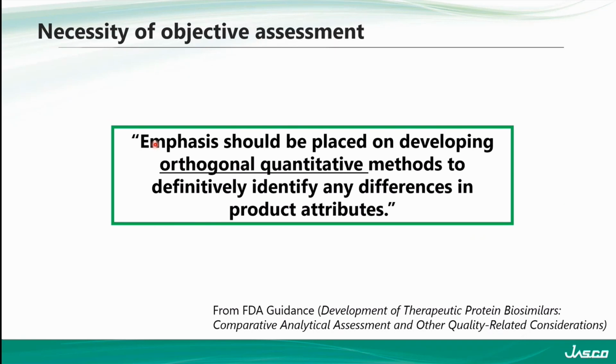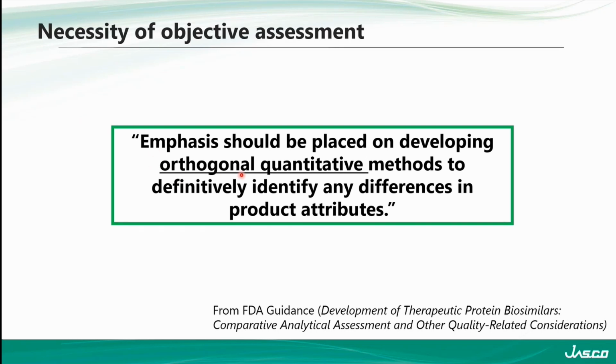In particular, I want to draw attention to a sentence that's pulled out of the most recent FDA guidelines on biosimilars. Their specific statement is that emphasis should be placed on developing orthogonal quantitative methods to definitively identify any differences in product attributes.